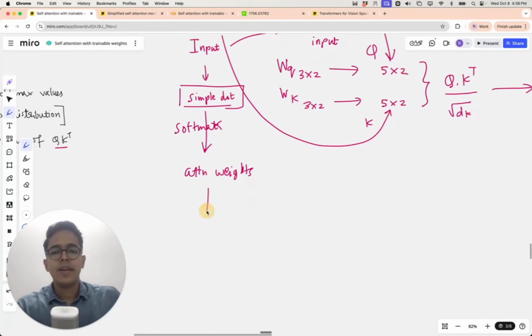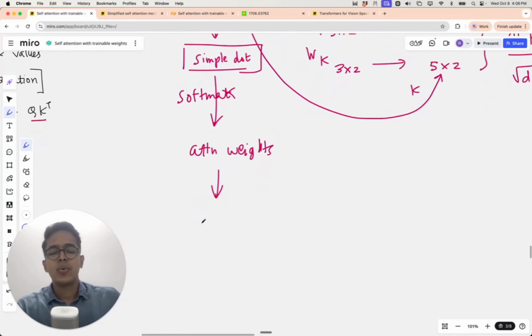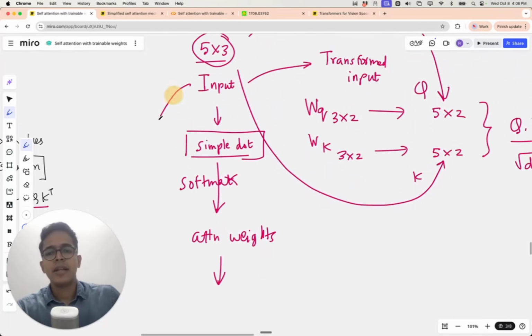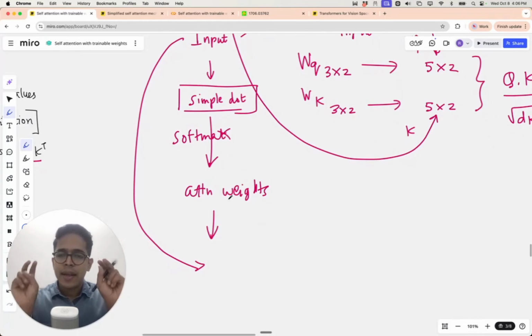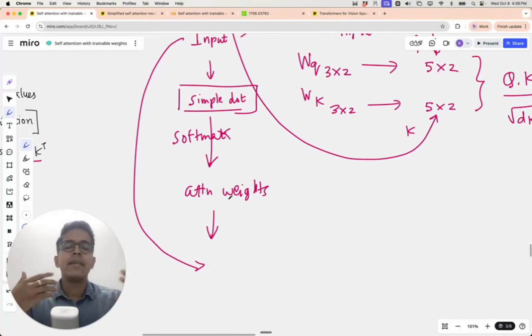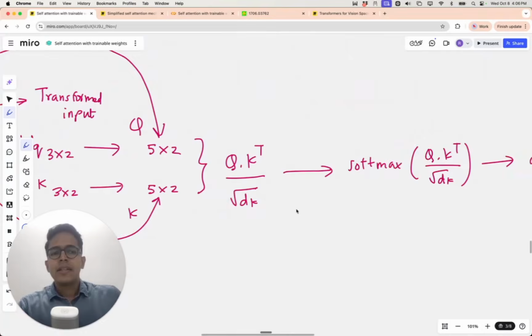And then we used these attention weights to multiply with the input embedding. So this input embedding was directly used so that we constructed an attention weighted input embedding to create the context vector for any given query, right? However, that is not what we are going to do here.